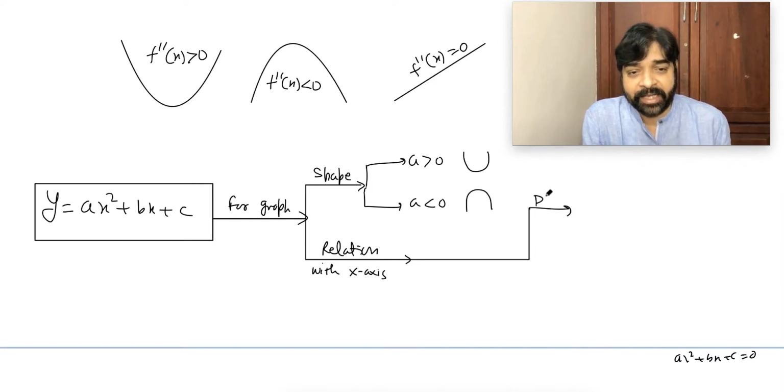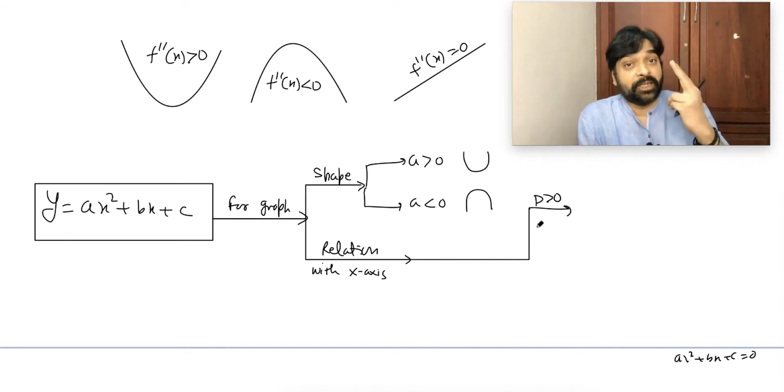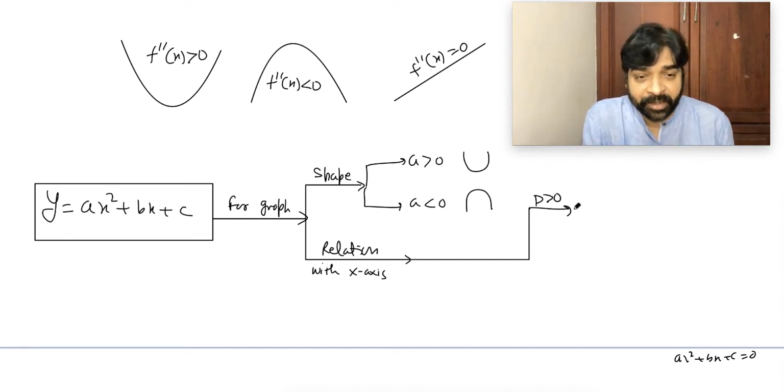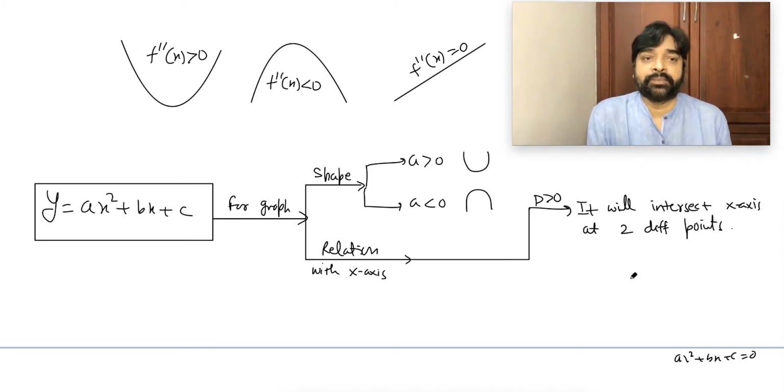If d is greater than 0, what does it mean? Having two different real roots means there are two different intersections. It will intersect the x-axis at two different points. Have you understood this point? Everything is linked. Nothing new here.